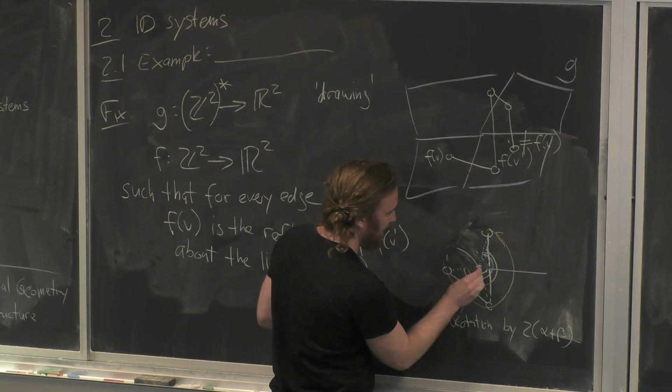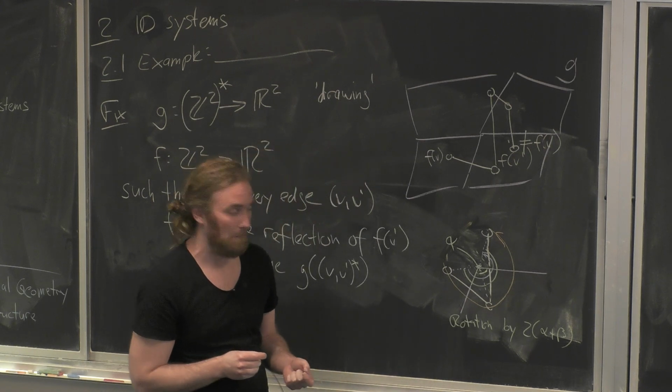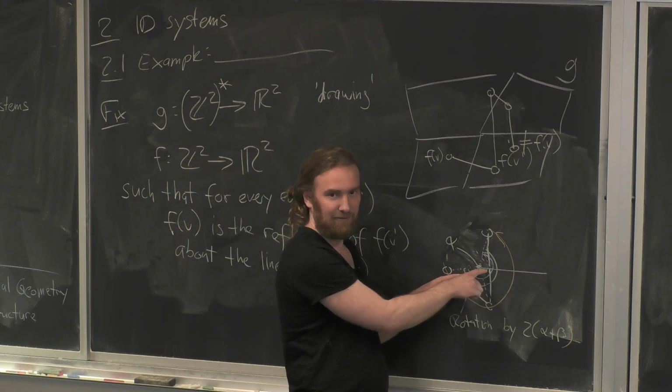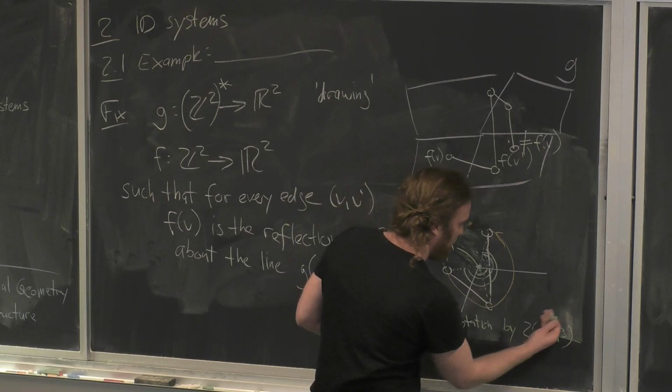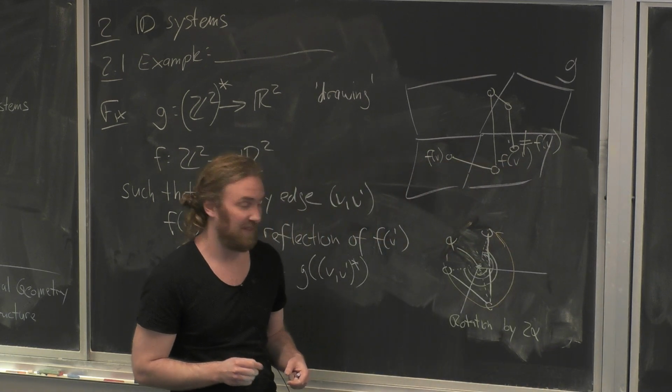Actually, I wanted to look at this angle here, called this alpha. And the blue angle is twice this angle for the same reason I just said. So it's just a rotation by 2 alpha.